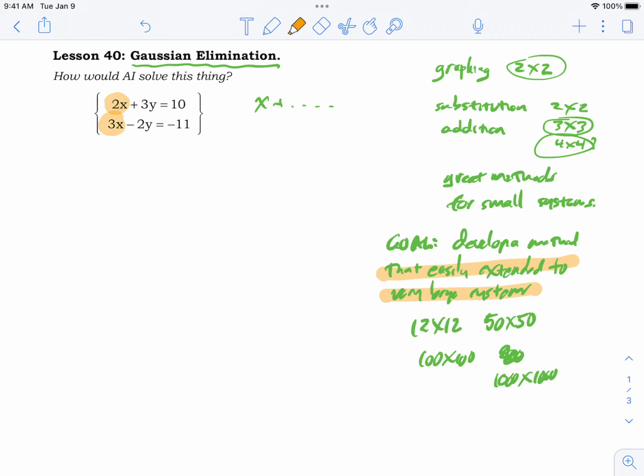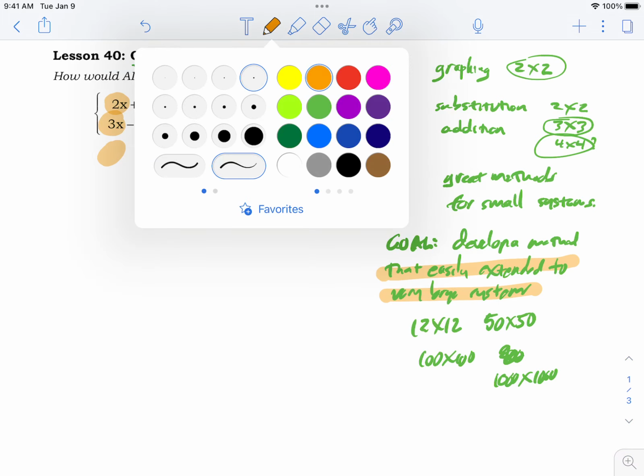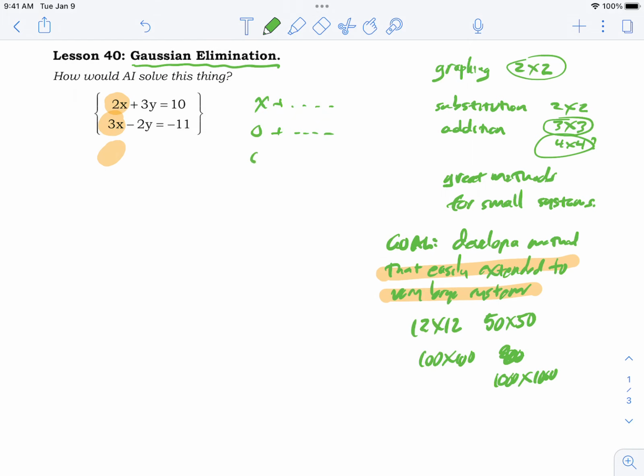Then we'll come down here and get rid of the x so that it's not there anymore. So we'll have some kind of y terms and whatever else, but get rid of the x term. If this were a bigger system, we'd next come down to the third equation and make that a 0.